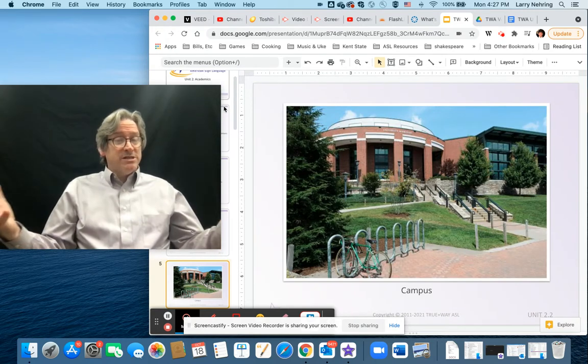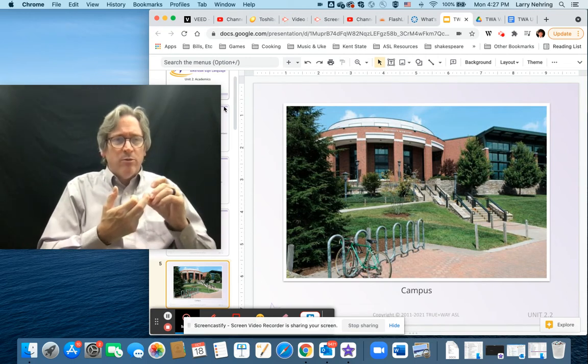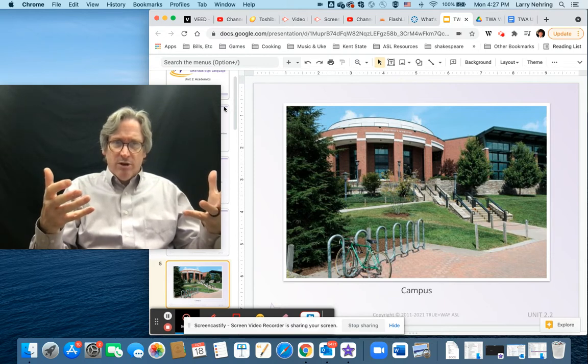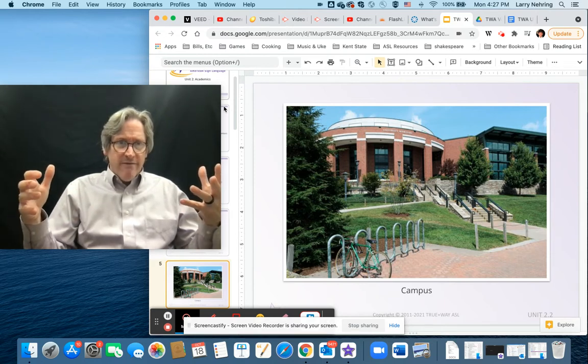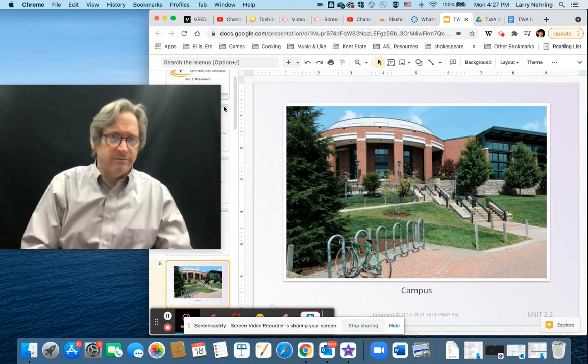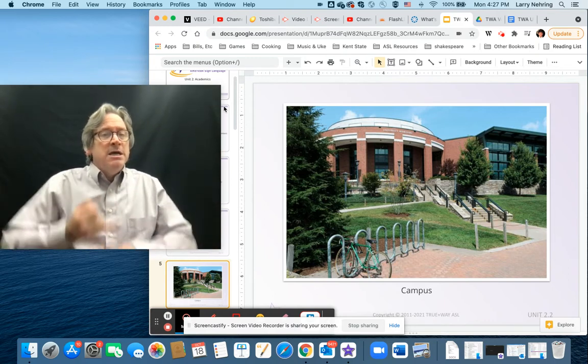So campus. Now, with each of these, there may be a few different signs, and I will introduce you to the generic setup for most of them, and then we can discuss other ones if you have questions when we're in class. So campus.